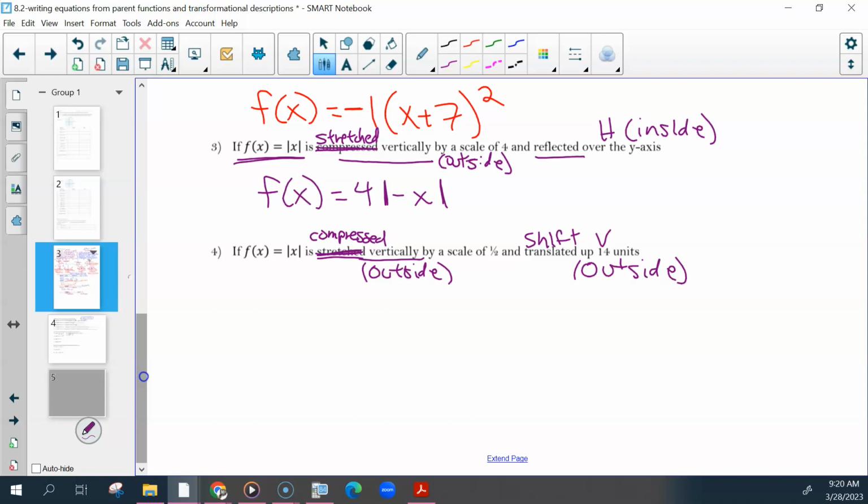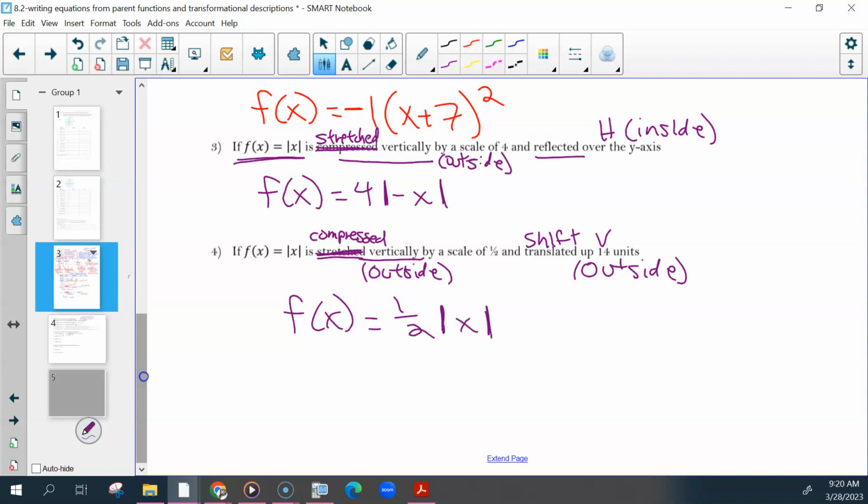So then we would start to write this. F of x equals, what would be the first thing we write? The 1/2. Do we have anything on the inside? No, besides the x.